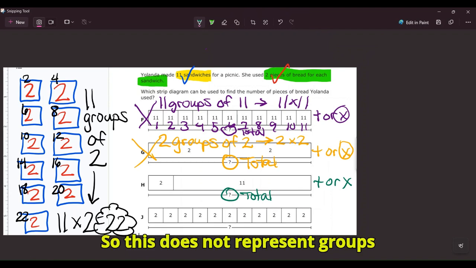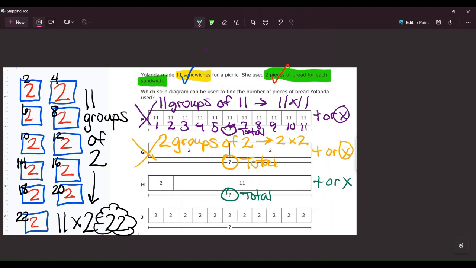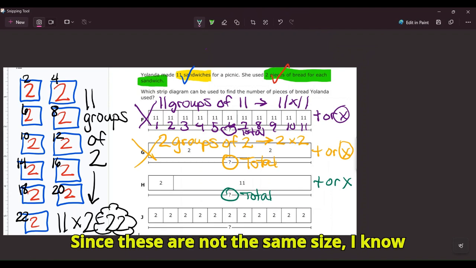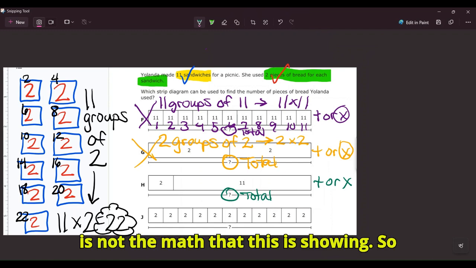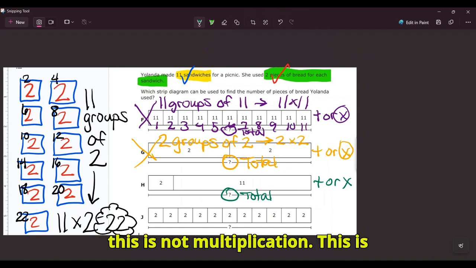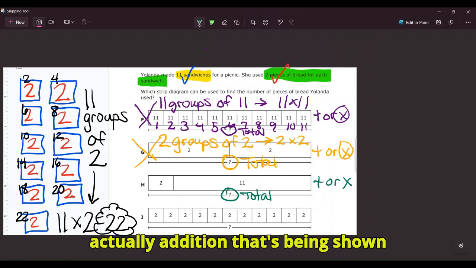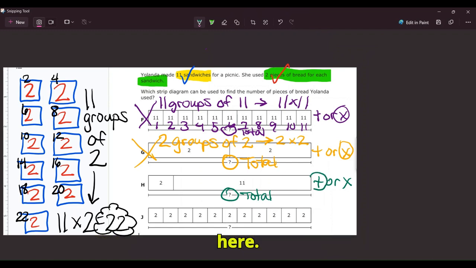So this does not represent groups, because when we have groups, they are the same size. Since these are not the same size, I know that the math involving groups is not the math that this is showing. So this is not multiplication. This is actually addition that's being shown here.